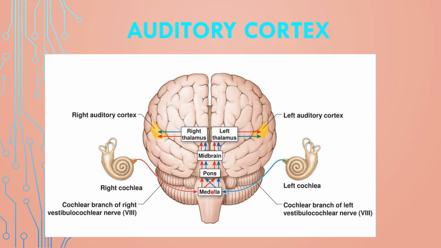The auditory nerve sends messages to the thalamus, both the right and left thalamus, and from there it is sent to the auditory cortex, which is in the temporal lobe of our brain.